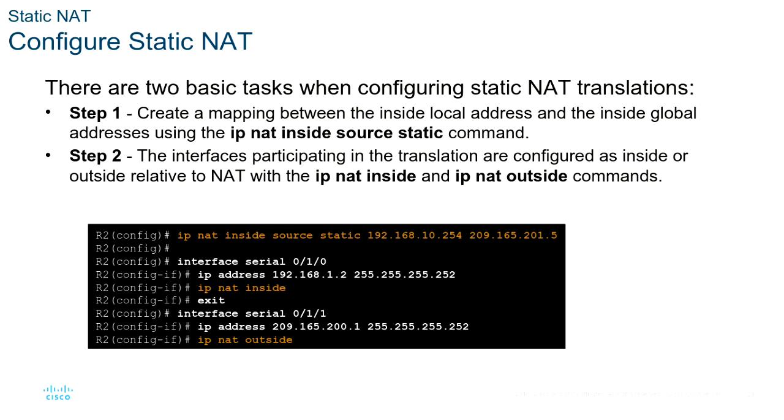So several years ago, typically the serial port that went to your ISP would be marked as IP NAT outside, and the Ethernet port that went to your inside corporate network would be marked as the inside port. These days, serial ports are sort of falling out of favor. Instead of using T1 lines or things of that nature, most people are using Ethernet handoff. Like at home, you have an Ethernet handoff for your cable modem or your DSL modem.